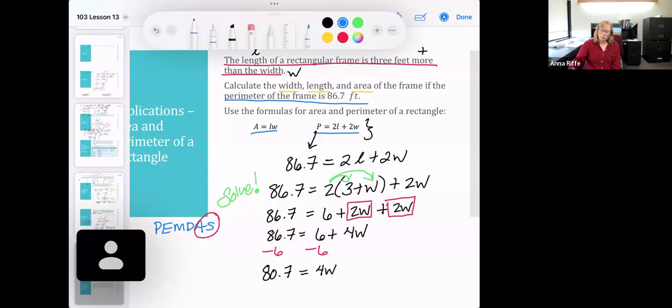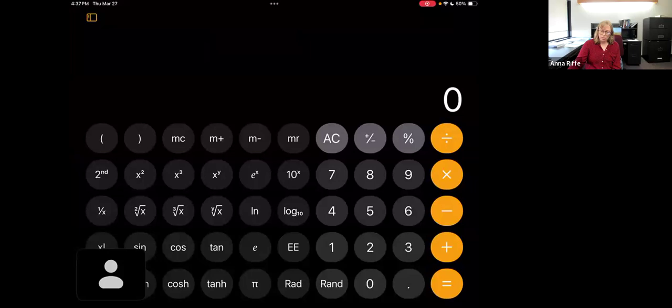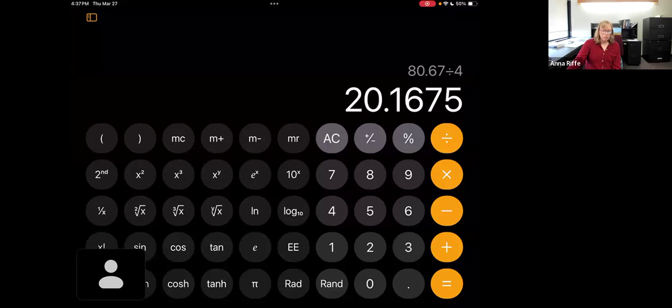I can now move to multiplication and division. That 4 is being multiplied by the W. So let me do the opposite operation, divide by 4. So we have 80.7 divided by 4 gives us 20.1675. I'm just going to go ahead and write that down as is. It's 0.7, not 6.7, isn't it?